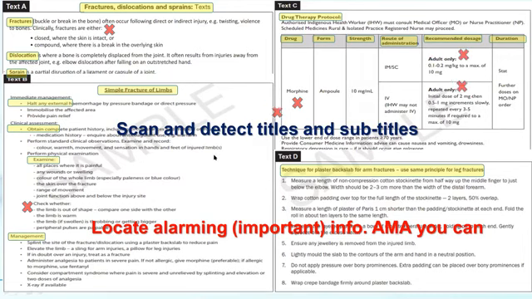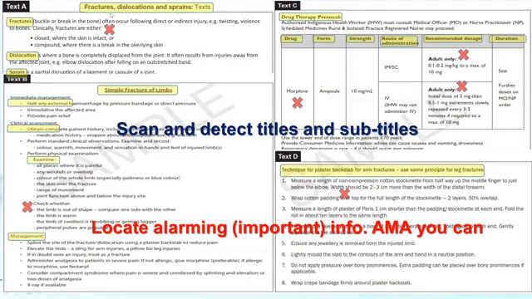And this should happen very rapidly, within 1 or 2 minutes only. So briefly, just locate or underline the titles and subtitles, okay? And locate the alarming or important information as much as you can.